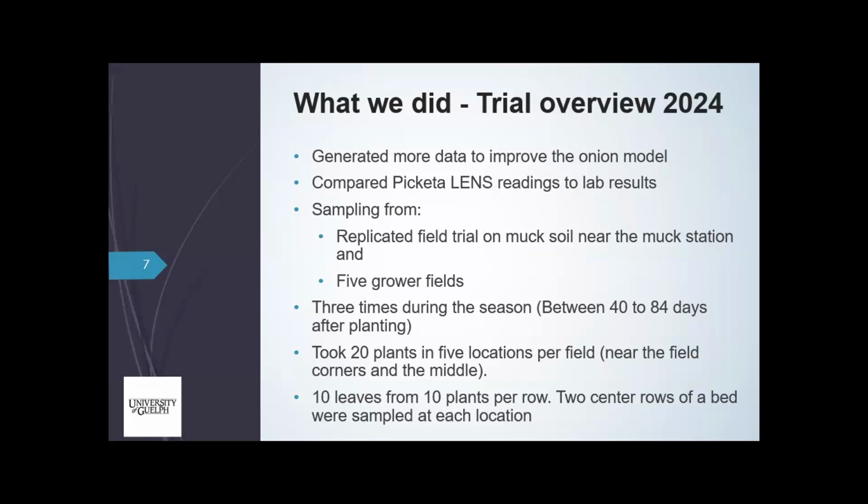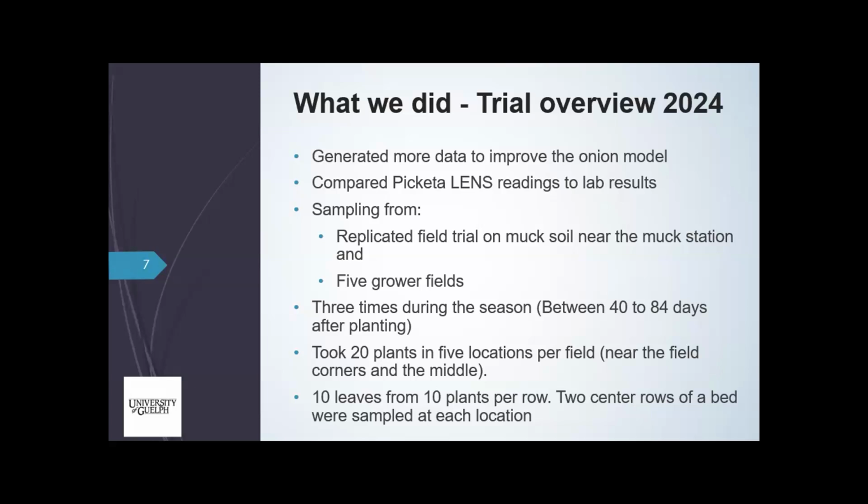A little bit about what we did with the device this past year is that we generated data to further train the device and enhance the model efficiency for onions. And then we compared the data that we collected using the device with the lab data to see if there is a difference.